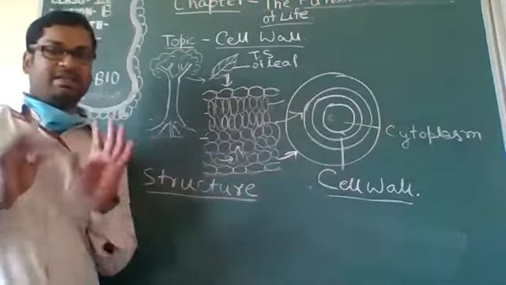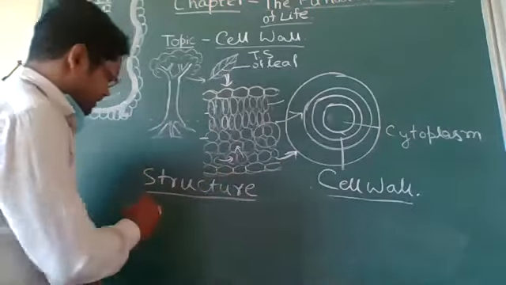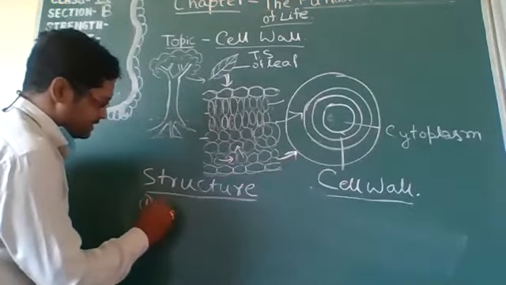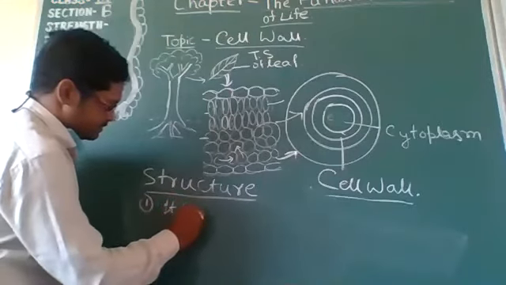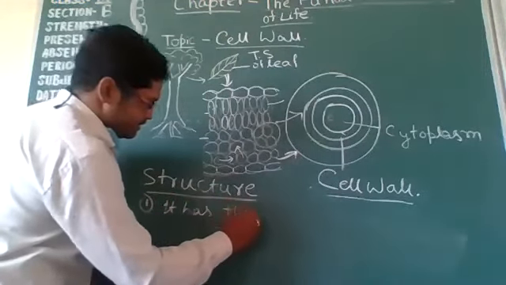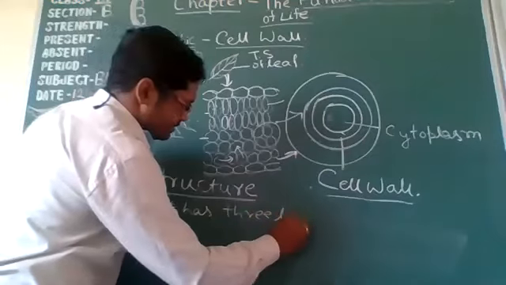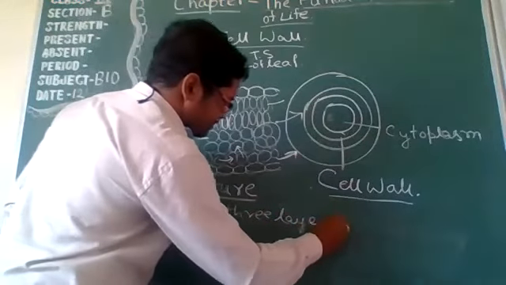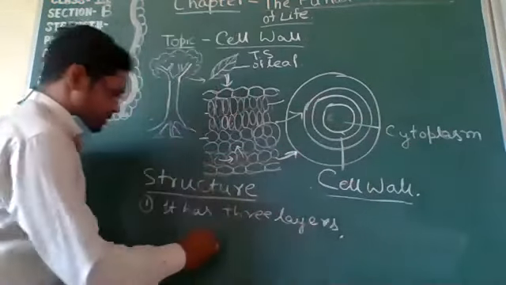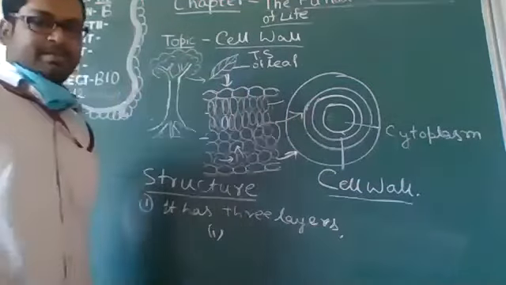It has mainly 3 layers. How many layers? 3 layers. Number one is called the primary cell wall.